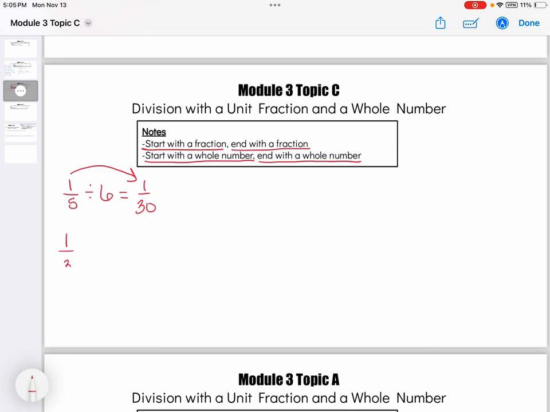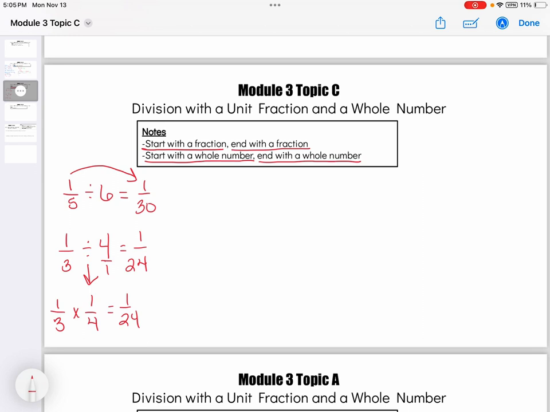If I have 1/3 divided by 4, it's going to be 1/24. Okay? And what the kids are starting to notice is they can take this symbol and flip it from division into multiplication, and then flip whatever that whole number right there over to get their answer.